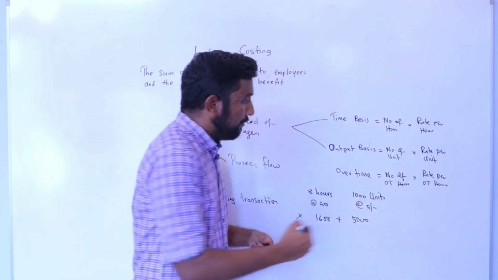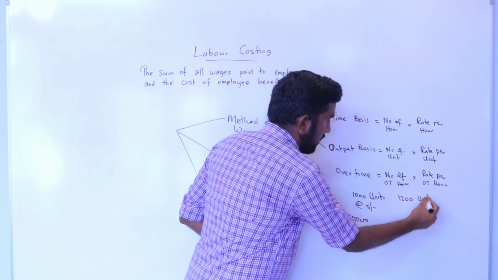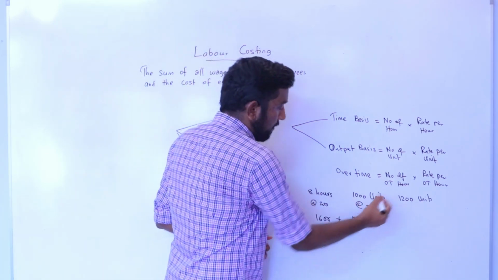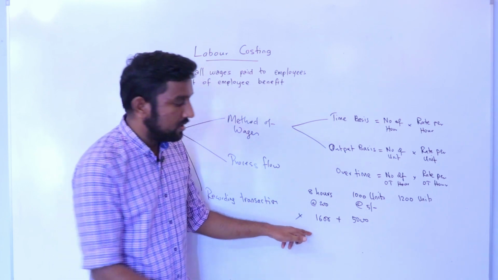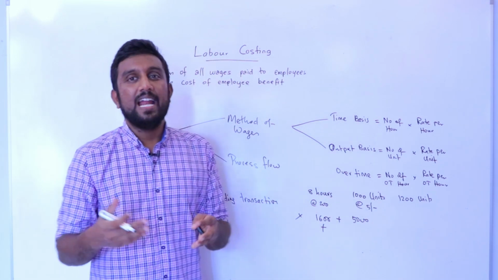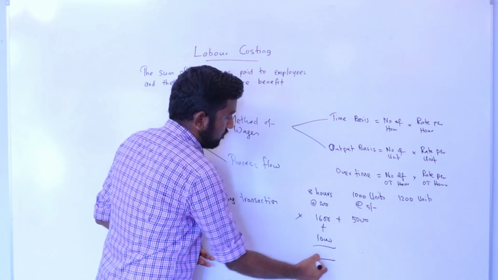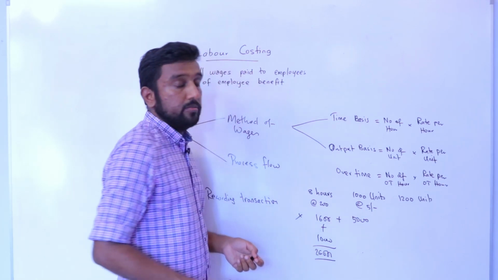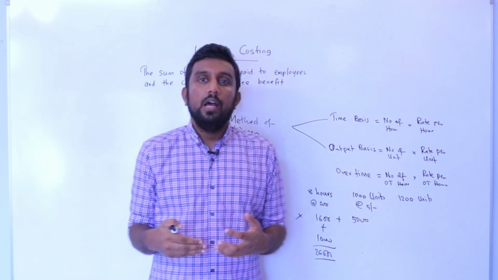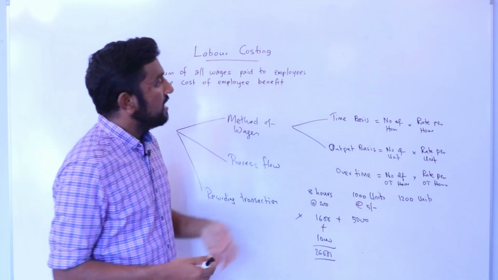But if the employee produced 1200 units and the target was 1000, what they will do is pay 1600 for 8 hours plus they will pay for 200 units, which is the additional units he produced. So 200 into 5, they may pay 1000, so total 2600. So that is possible, right? So you should have that understanding, which is a basic scenario we have in salary and wages.